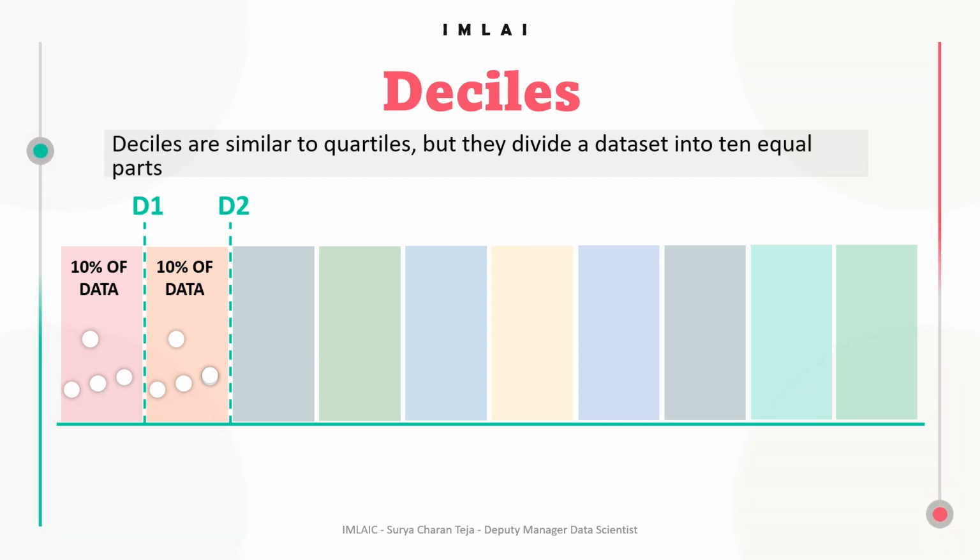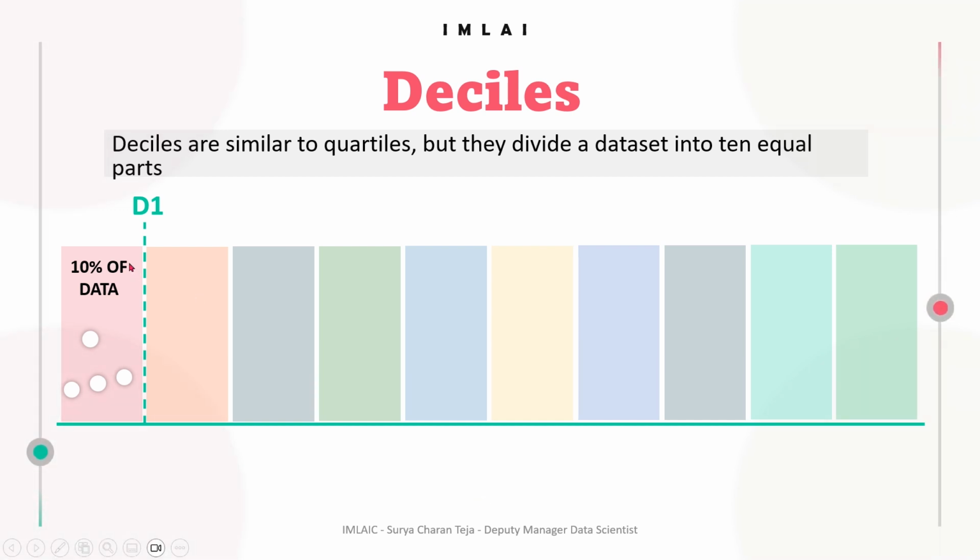Decile 2 is 20th percentile. And decile 3, 30th percentile. Let's see. So decile 1 holds the 10 percentage of data points of the total data. So that's why it's 10th percentile.